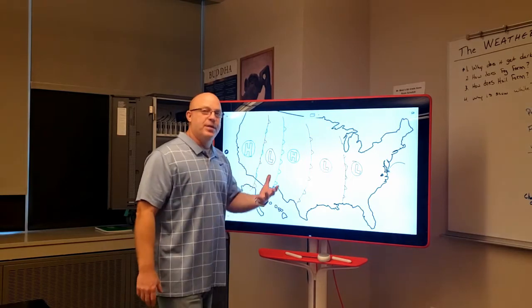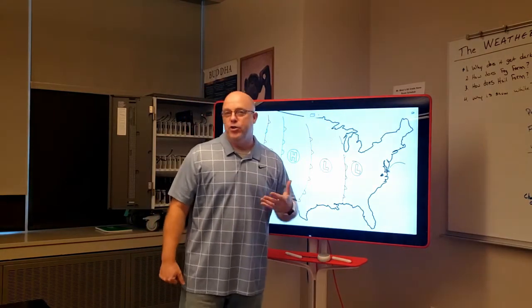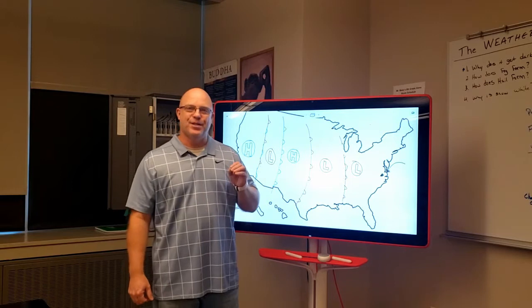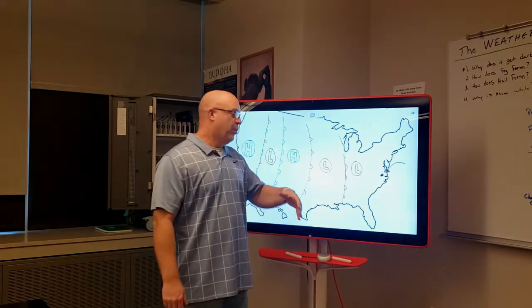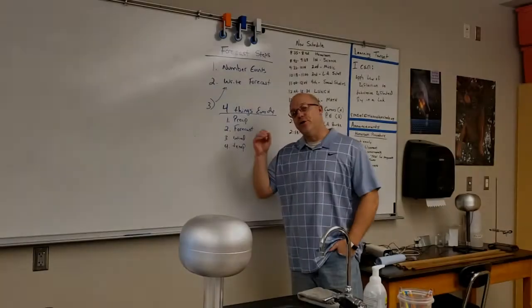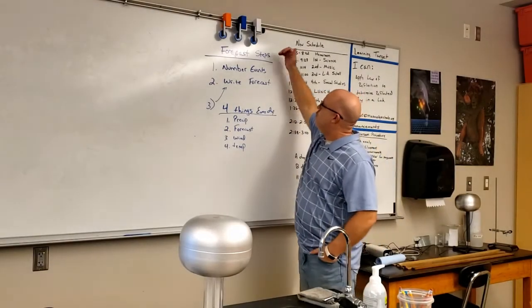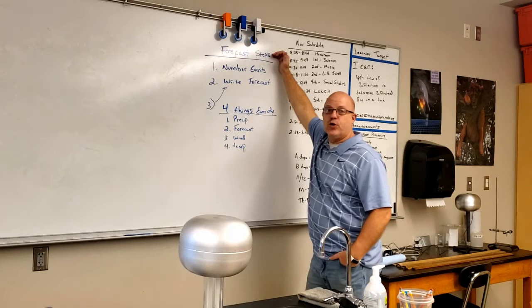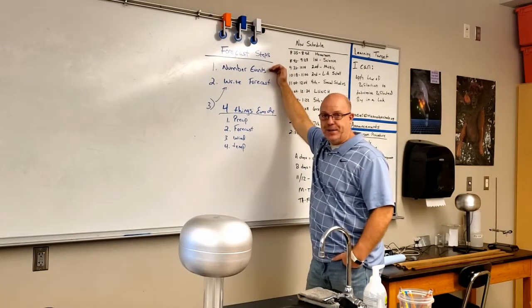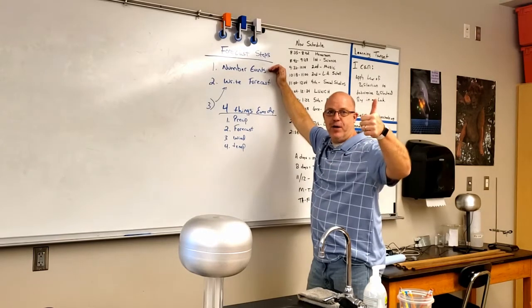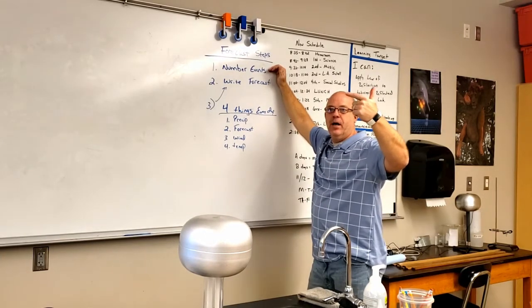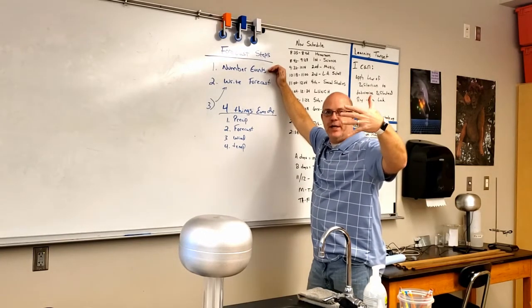So when you start predicting your weather, you need to choose what happens first. Now I'm going to give you a quick little cheat sheet here, and then we'll come back to this map. All right, here's your cheat sheet, guys. When you do a forecast, the first thing that you're going to do is number the events. That means every weather event that is a high pressure, low pressure, warm front, cold front, stationary front.